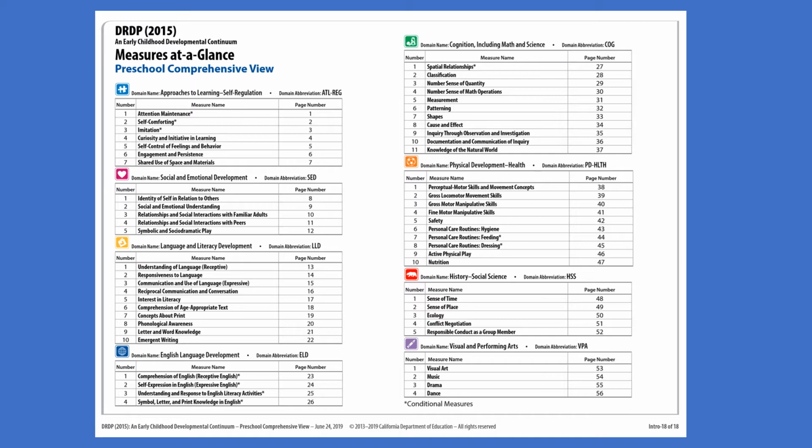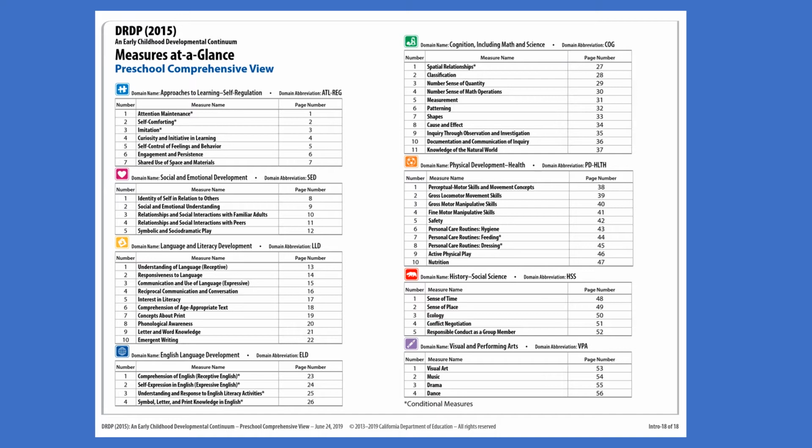When we think about Jean Piaget, Lev Vygotsky, and other constructivist theorists, what the DRDP developers were able to do is look at the patterns of child development that we have learned about, and then they were able to validate this within the field. So this tool really organizes how we can see children's strengths and capabilities across important learning domains.